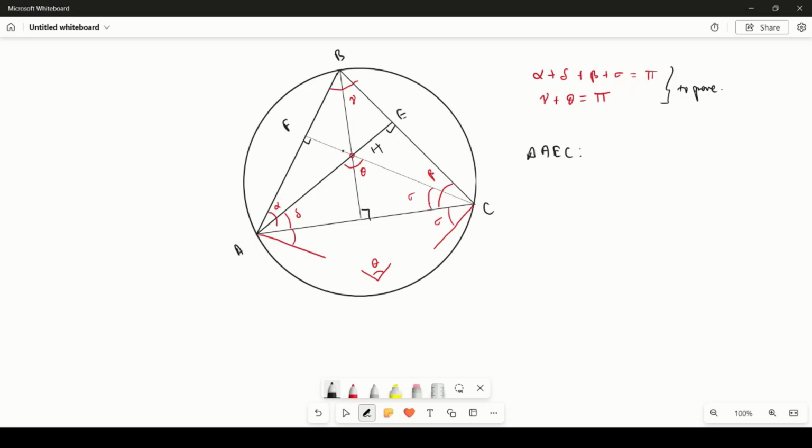So if you look at triangle AEC, then you can make the deduction that beta plus delta should be pi over 2, because the third angle in this triangle is 90 degrees, right? And similarly for AFC, you could make the same argument again and say that alpha plus sigma is pi over 2.